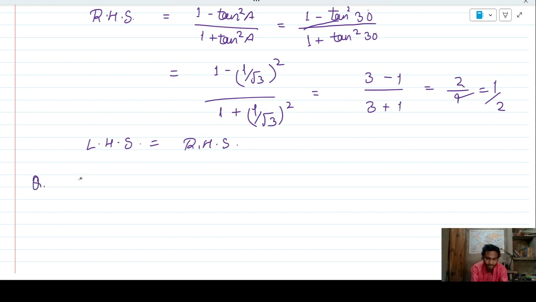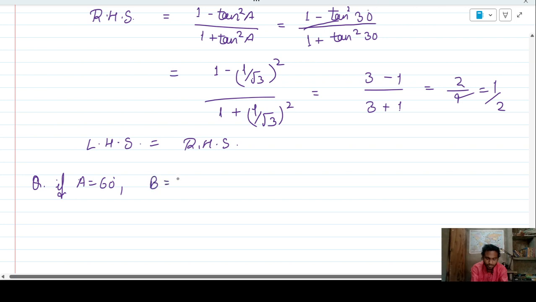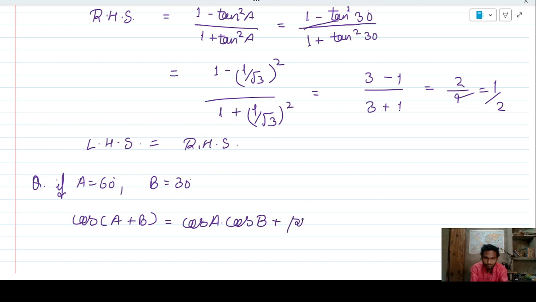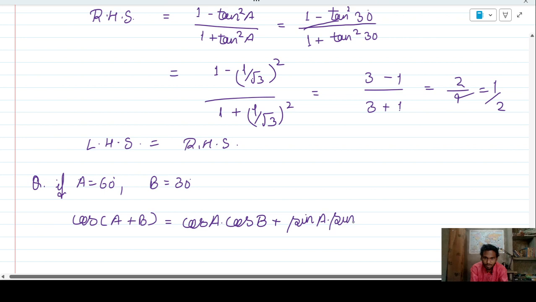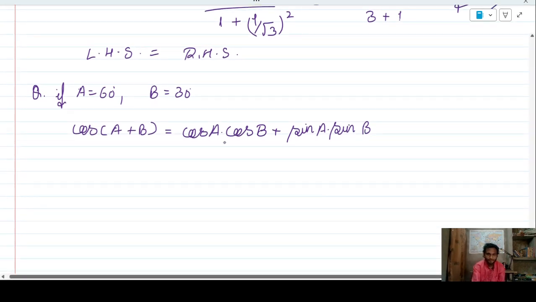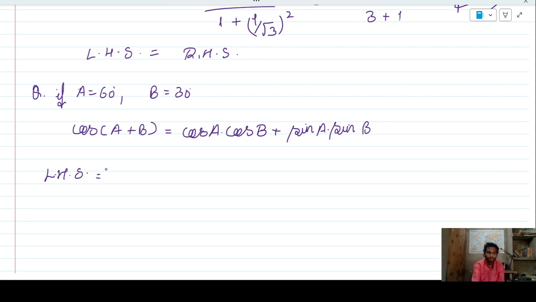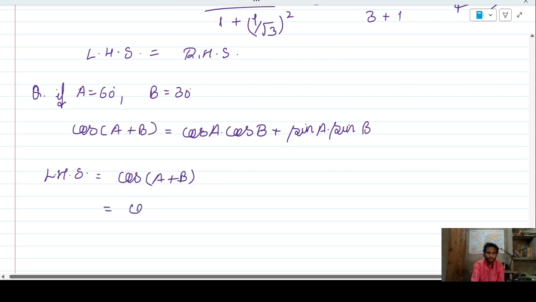Problem: given angles A equal to 60 degrees, B equal to 30 degrees, then verify cos A plus B equals cos A into cos B plus sin A into sin B. We take the left hand side, cos A plus B, and put the value cos 60 plus 30.